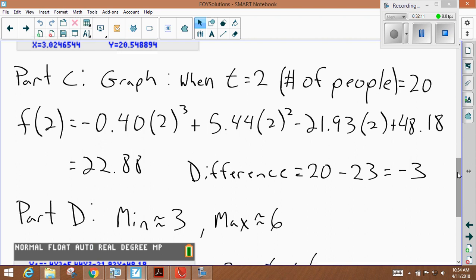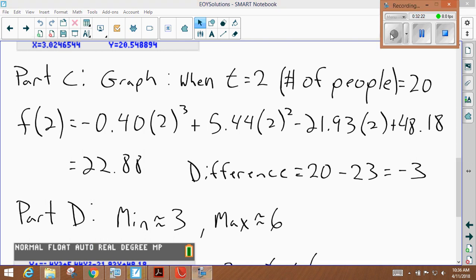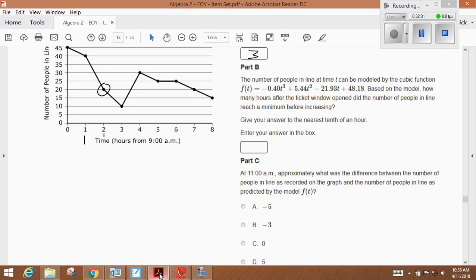If you hit trace to enter, does it spit out 22.88? So you can find it doing that with your graph, or you can just plug it into the function. And then you're going to find the difference. You're going to subtract. At x equals 2, your number of people is 20, right? So you go 20 minus whatever you got from your calculator.